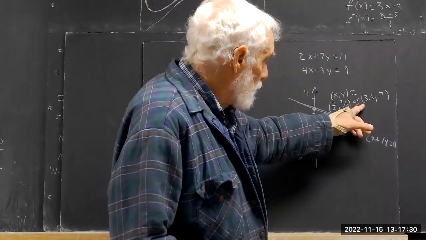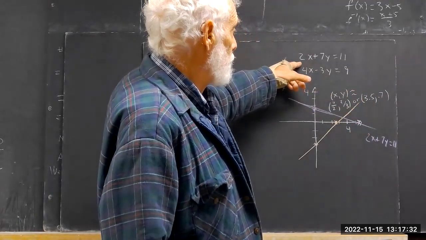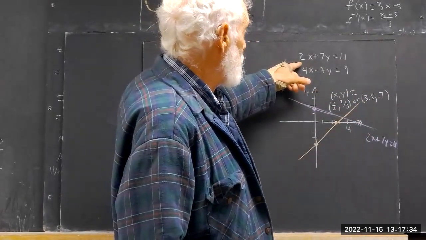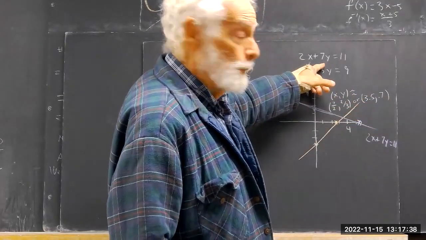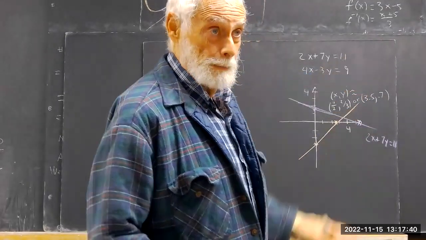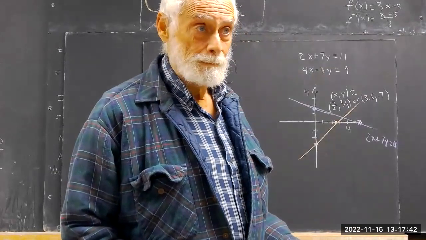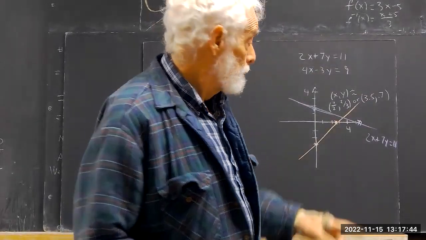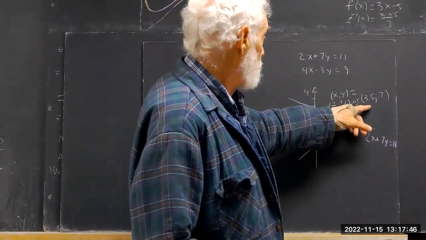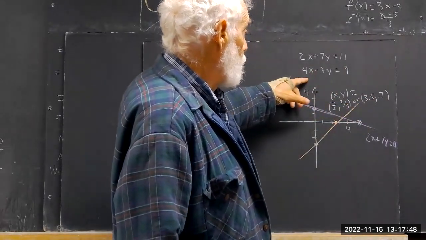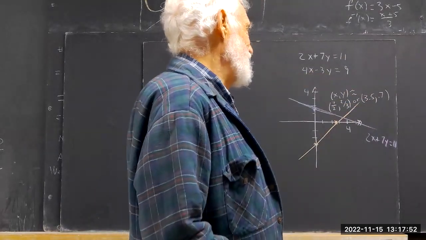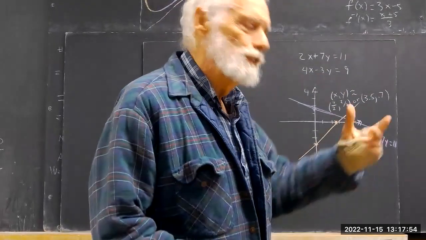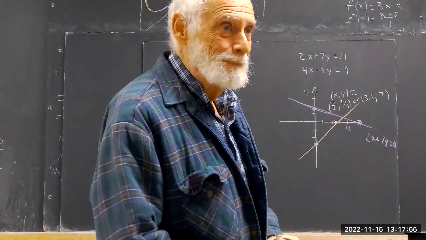Okay, if I plug 3.5 in for x, I'm going to get 7 here. If I plug in 0.7 for y, I'm going to get 4.9, which is going to give me 11.9 up here. If I plug in 3.5 here, I'm going to get 14 minus 2.1, which is 11.9. Now it's 10.9. Okay.